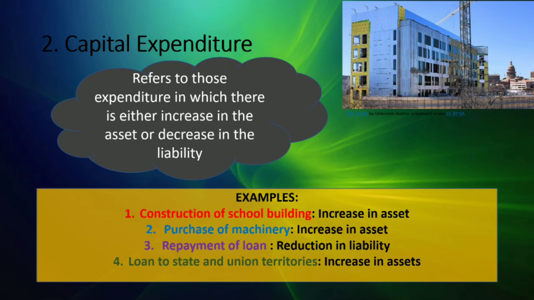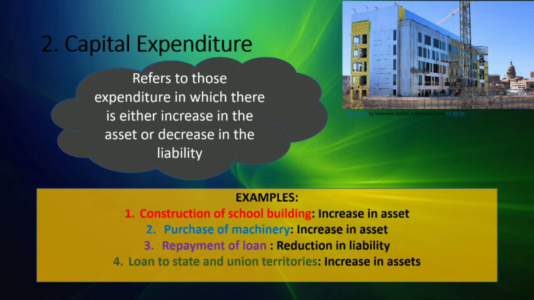Second example, purchase of machinery. When a government purchases machinery, it does the expenditure, yes, definitely. But at the same time, there is an increase in the asset of the government. Thirdly, repayment of loan. Let's say the government had taken loan 3 years back and now the government of India has repaid the loan. So after repaying the loan, we did the expenditure for repaying the loan, but at the same time there is a reduction in liability of the government.